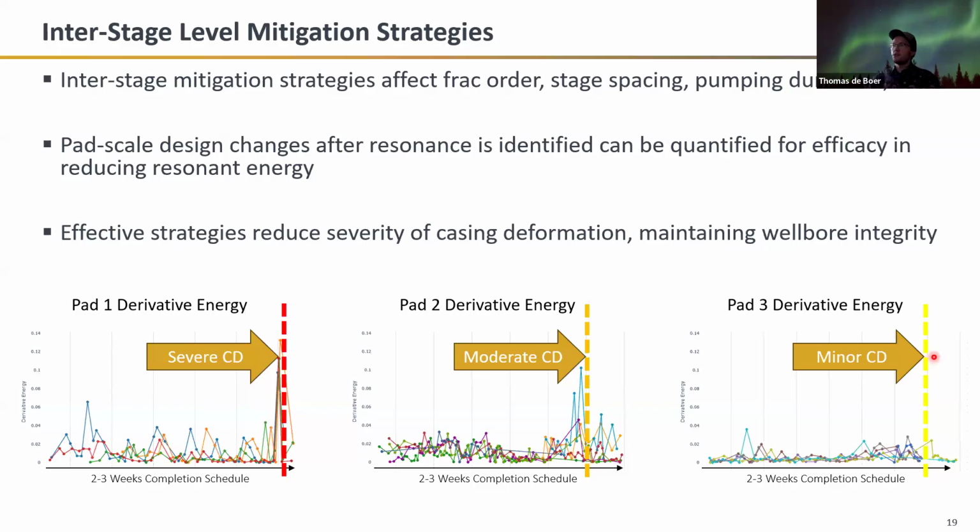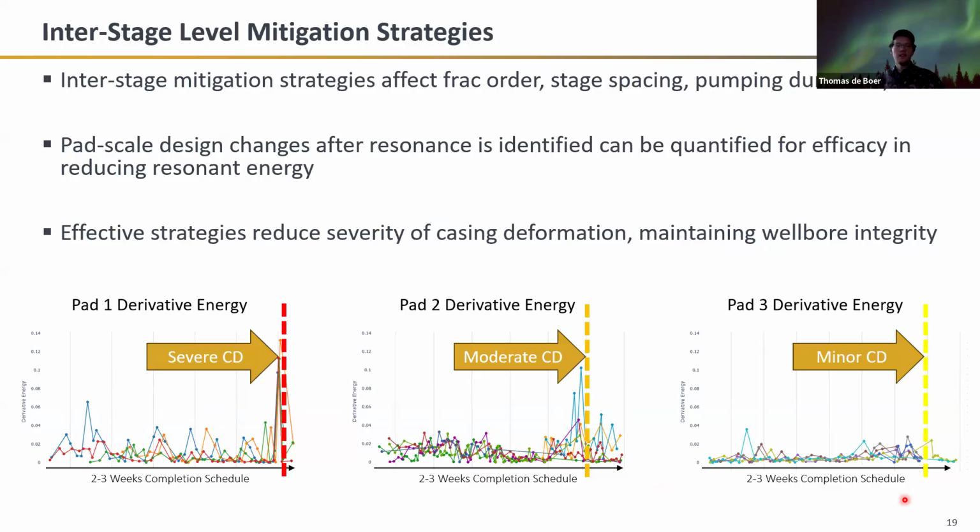And so from that first pad, we took those learnings and we applied those on the second pad. And we can see here that in the second pad, there is an increase in this derivative energy. And there was some of these mitigation strategies trialed here. During this trial, we were able to see that we essentially reduced the amount of energy that was being released.